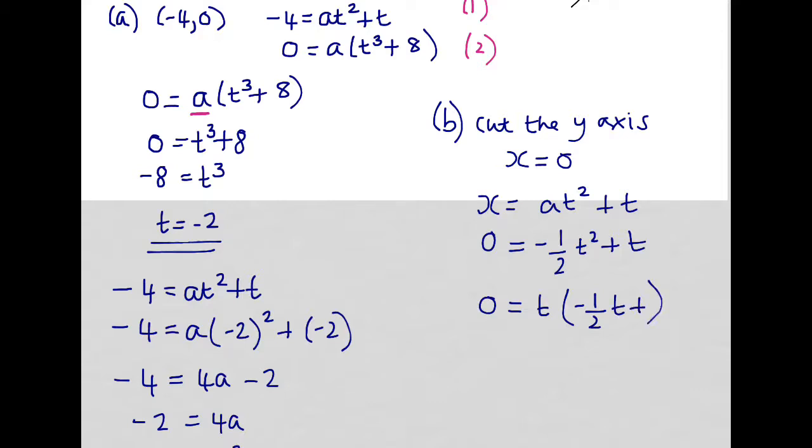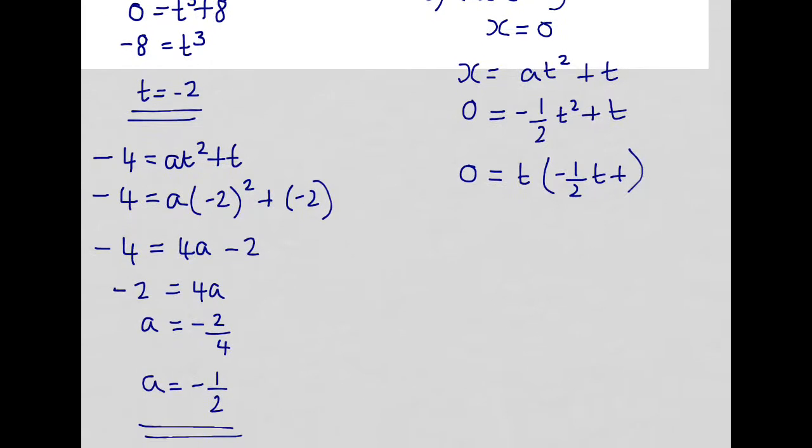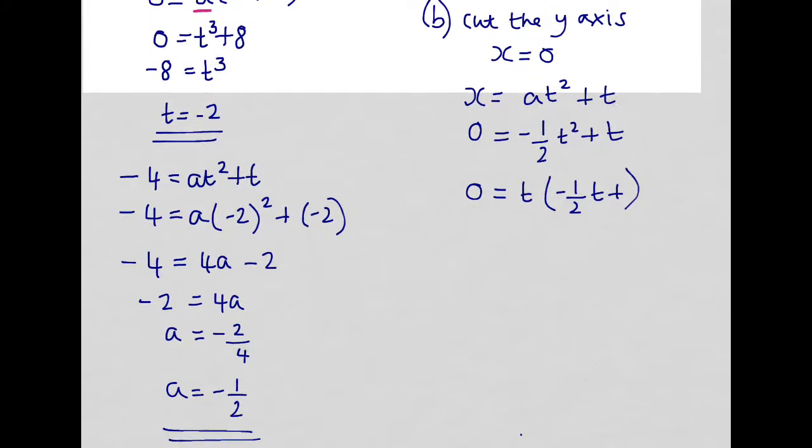From that, I get t equals 0 or, if I go back up here because I forgot to put the 1 in, this would be negative a half t plus 1 equals 0, which if I then rearrange, I would end up with t equals 2.